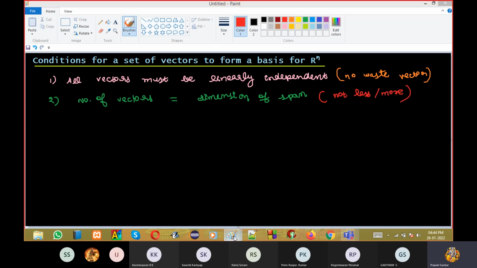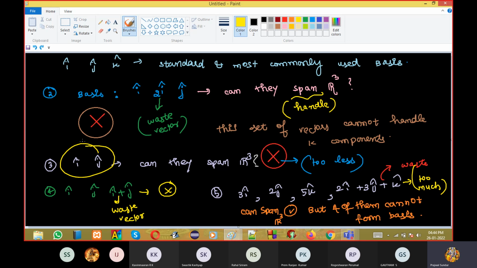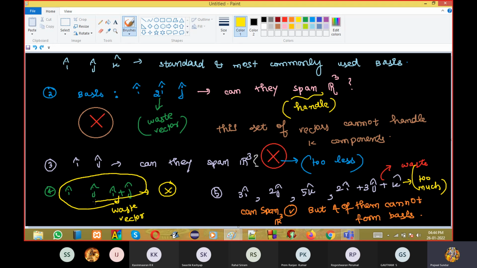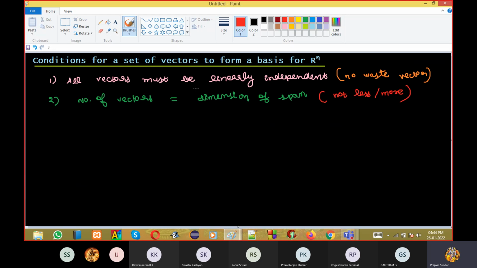See, we have seen one example for too few and an example for too many. Here we have 3 vectors, but this one is waste. It is linearly dependent on these 2, so it is waste. But if you see i, j, k, there are 3 vectors, and all of them are independent, so they can form a basis. Any doubt in this? These conditions you should remember.